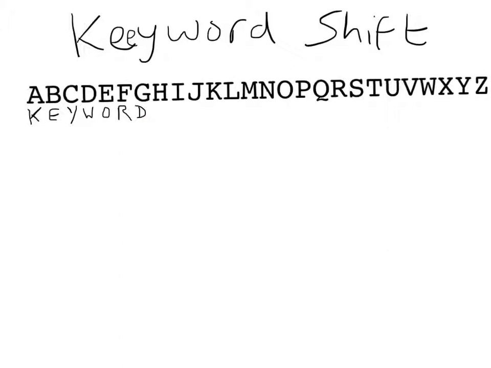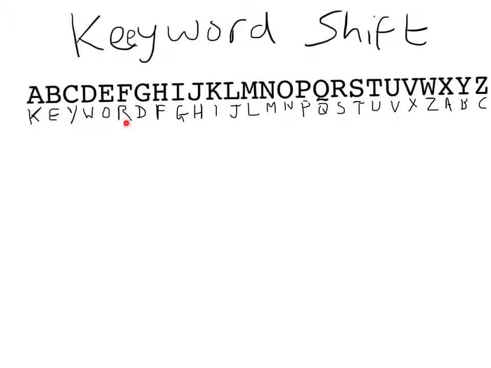So after D comes E, but I've already used E here. So F, then comes G, then H, and so on. So now I've filled in the rest of the alphabet, you'll notice a few things.